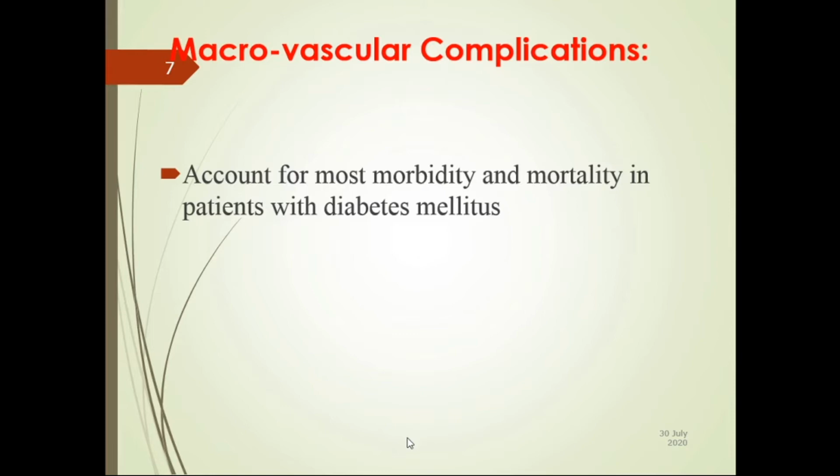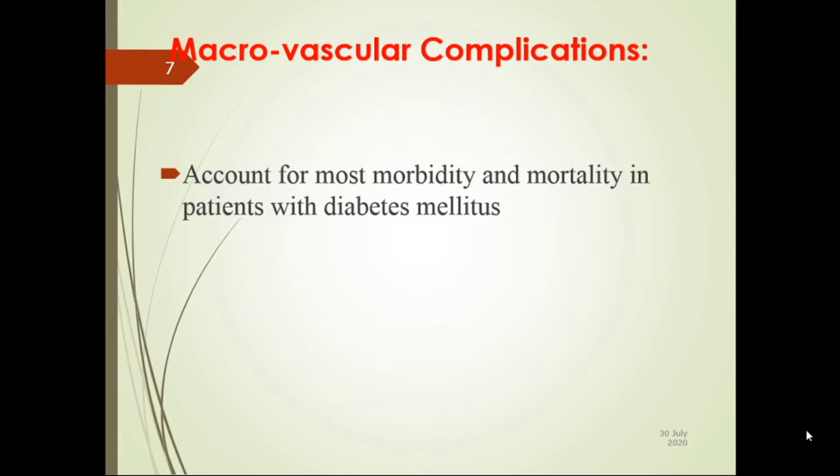And diabetic patients, for information, are known to have a 2 to 4 times increased risk of cardiovascular disease compared to their non-diabetic counterparts, and this accounts for approximately 80% of mortality and about 75% of hospitalizations in persons with diabetes.